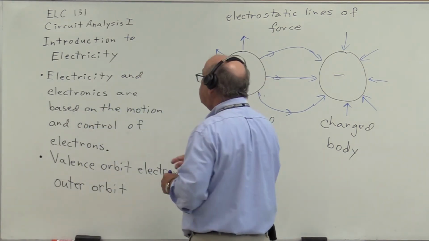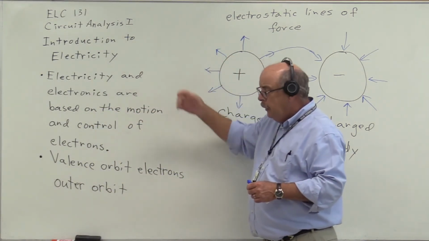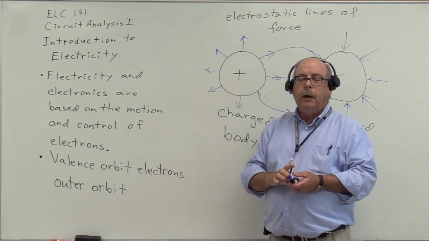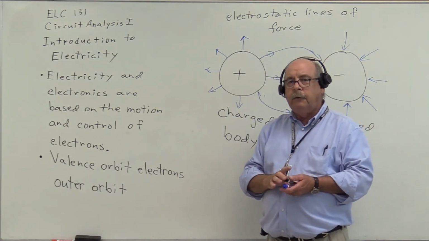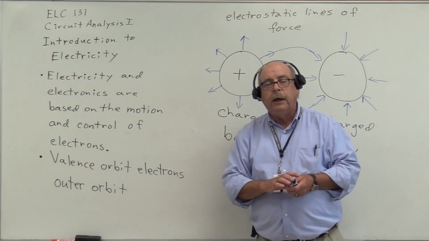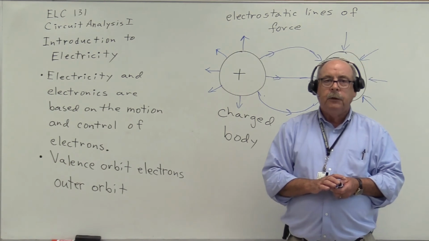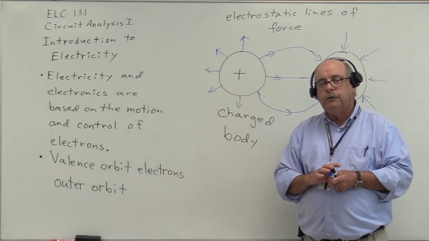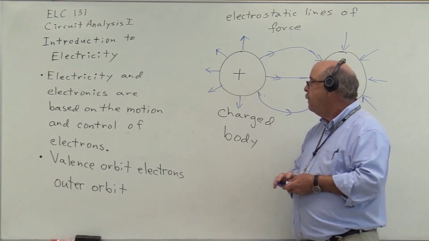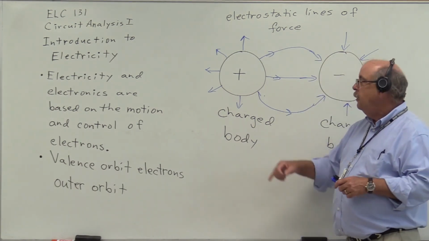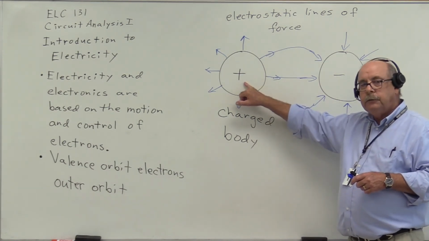So again, electricity and electronics are all about electrons, the motion and the control of electrons. We're generally concerned about the valence orbit electrons because those are the ones that are most easily knocked loose from the atom. If I apply energy to an atom, it loses some electrons.